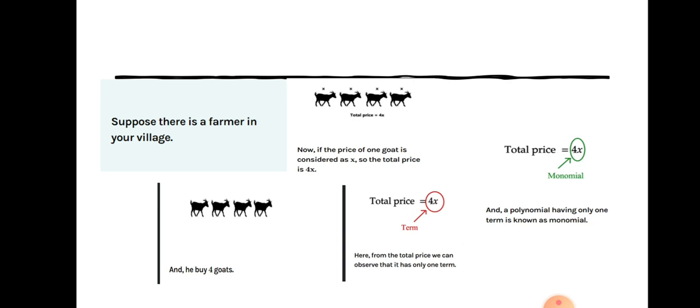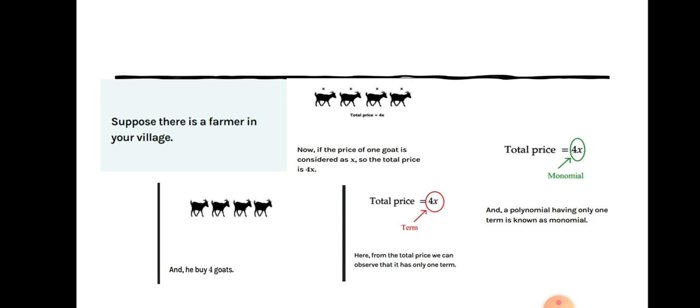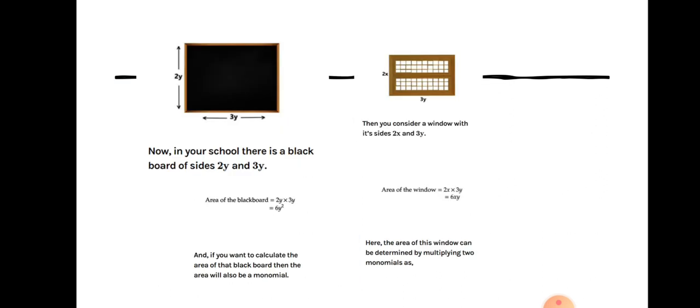Now 4x is one term, so it is a monomial. That means when you multiply the number 4 with the variable x, you get a monomial.